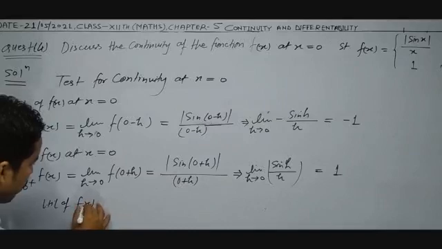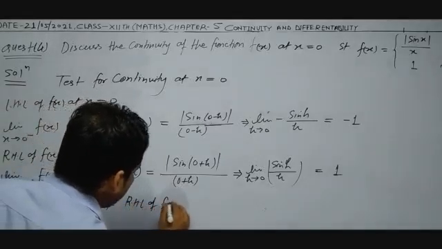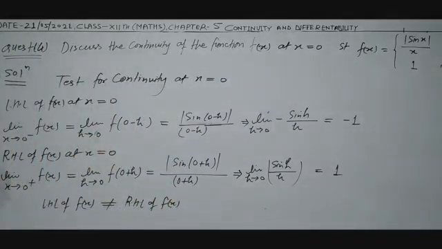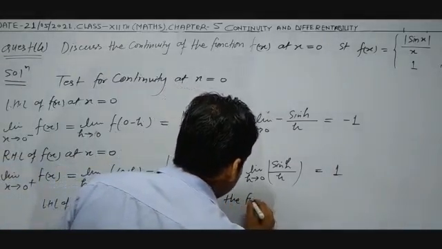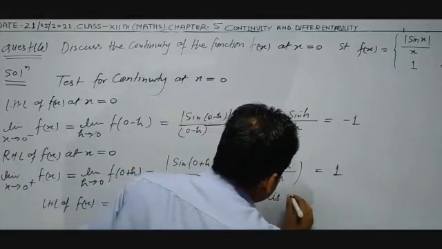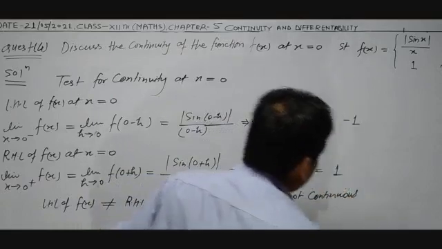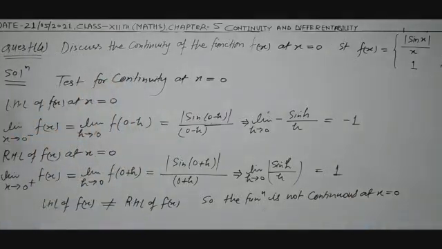LHL of f(x) is not equal to RHL of f(x), so the function is not continuous at x equal to 0. So this is the continuity I have checked. At x equal to 0, the given function is not continuous.